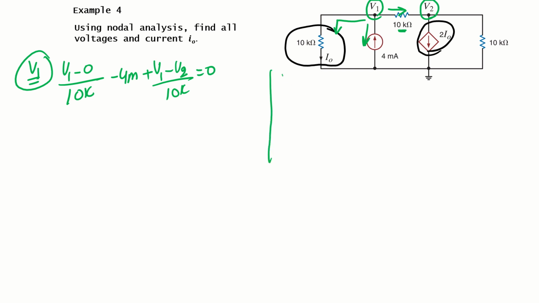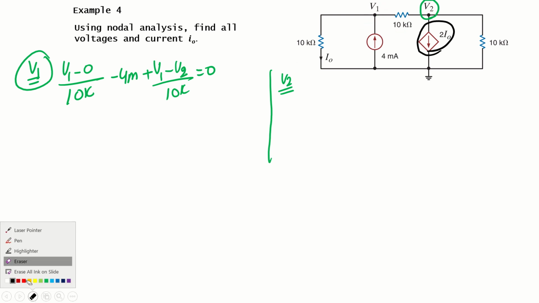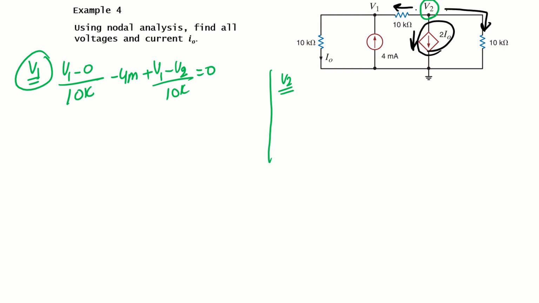Let's write the equation for the second node. All currents are leaving from this node. So we have the current through this 10 kilo leaving, this current leaving, and this current leaving. The current through this 10 kilo will be V2 minus V1 divided by 10k.